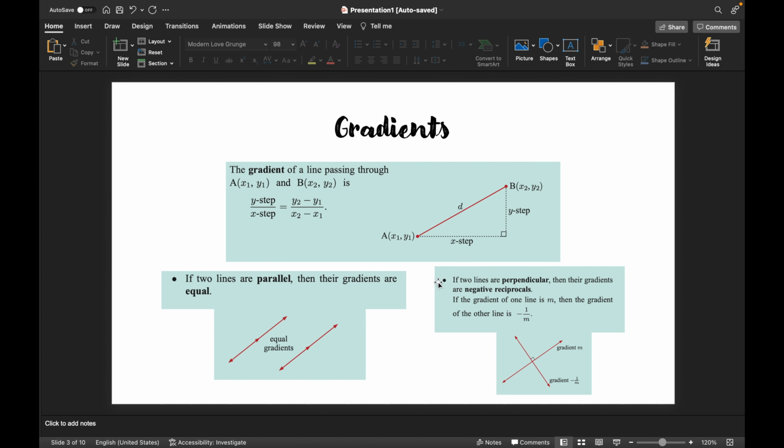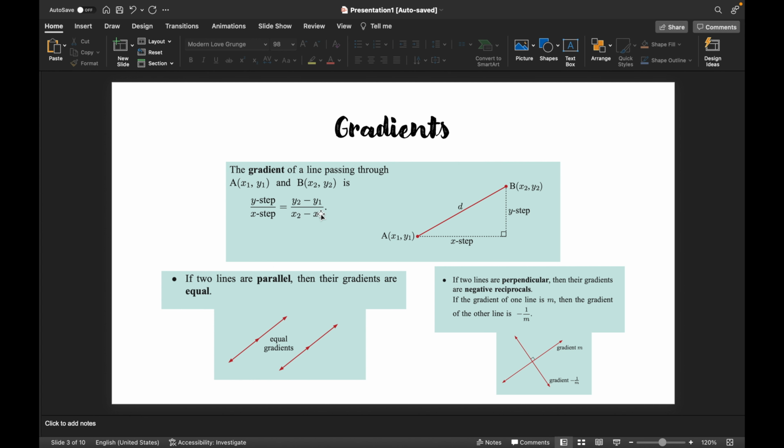Let's move on. Now let's look at another important concept, which is gradients. You might have learned this as rise over run, but it's actually the change in y by change in x. So if it passes through the coordinates of a and b, the gradient would be the change in y, which is y2 minus y1, divided by the change in x, which is x2 minus x1.